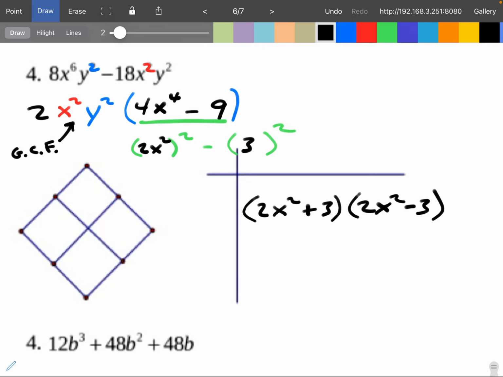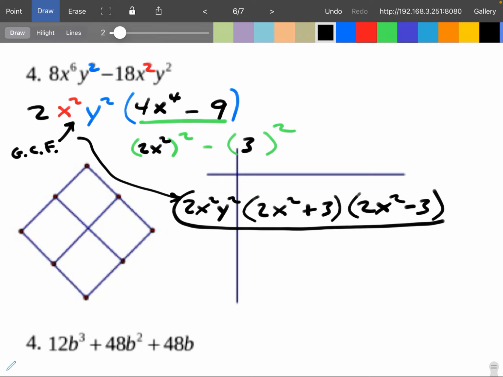You have to bring that down. So that was your GCF right there. You need to bring that down in front of your answer over here. So that's going to have a 2x squared y squared in front of it. So that would be your final answer. That was pretty tricky.